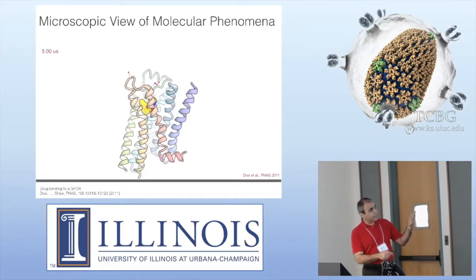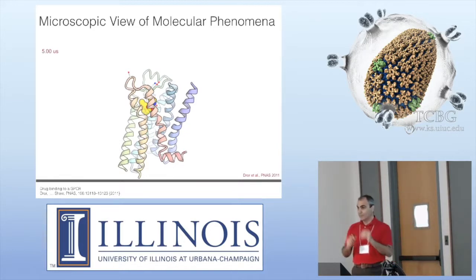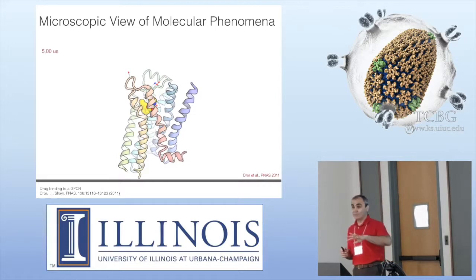If you can manage to run a microsecond simulation, a few microseconds, then you might be able to see spontaneous binding of a single ligand in your simulation system without doing anything. But these examples are rather limited. We have only a very limited number of biological phenomena that happen on a microsecond scale. Most of them happen on a millisecond scale or longer. So we have to do something about that.